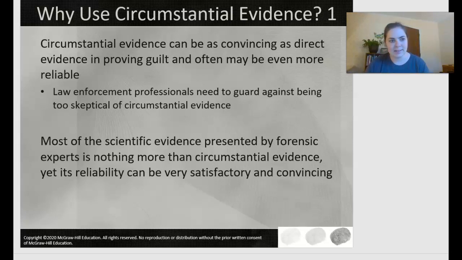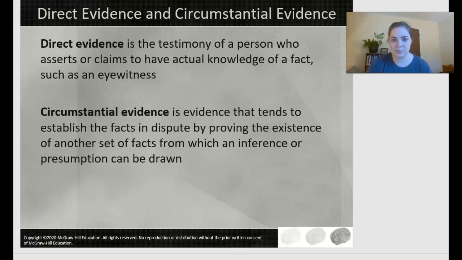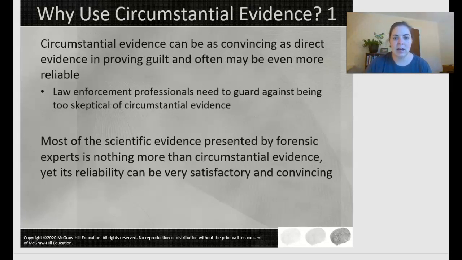So if direct evidence is the testimony of someone who claims that they have actual knowledge of a fact, why would we use circumstantial evidence? Circumstantial evidence, for one thing, can often be as convincing as direct evidence in proving guilt, or even sometimes is more reliable. For instance, scientific evidence by a forensic expert is circumstantial evidence.